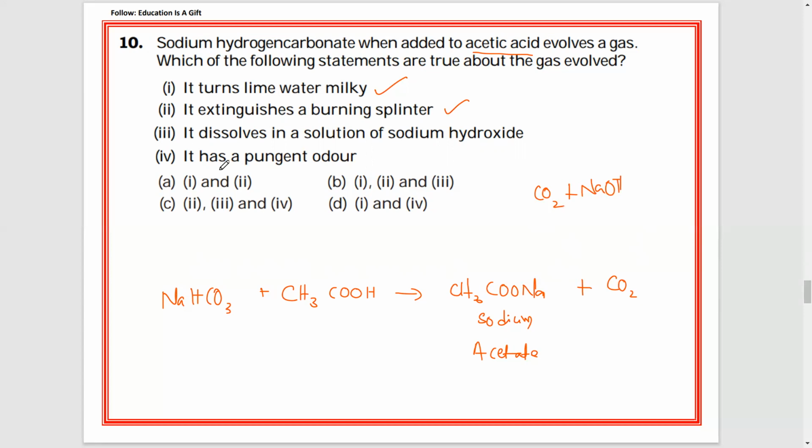And at last they have given it has a pungent odor. No, there is no pungent odor for CO2. So the answer will be 1, 2, 3. Answer is B. All these: it turns lime water milky, it extinguishes a burning splinter, and it dissolves in a solution of sodium hydroxide.